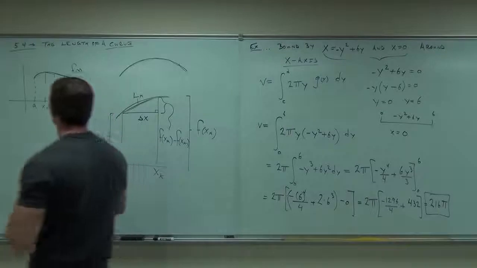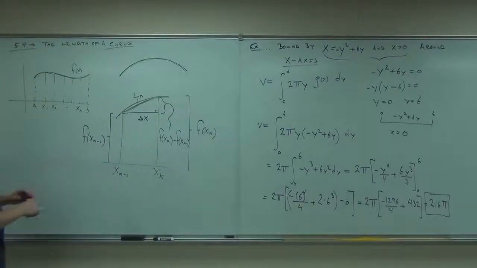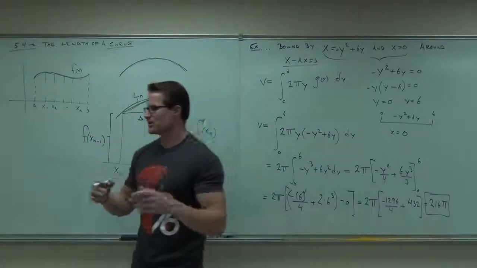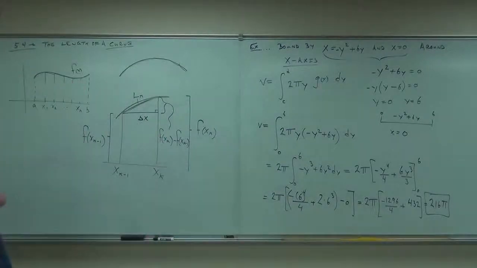Now, let's talk about Pythagorean theorem and what it does. Pythagorean theorem says a leg squared plus a leg squared equals a hypotenuse squared, and we have some symbols for all that stuff right now.